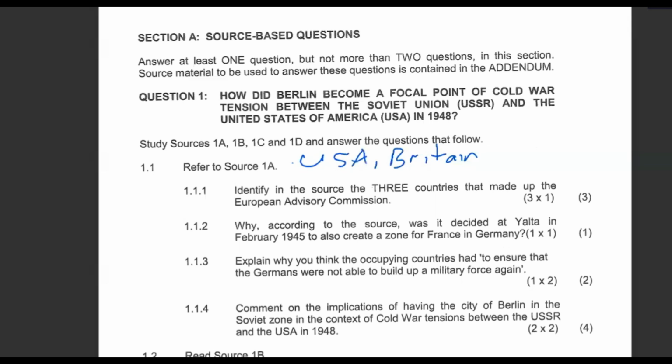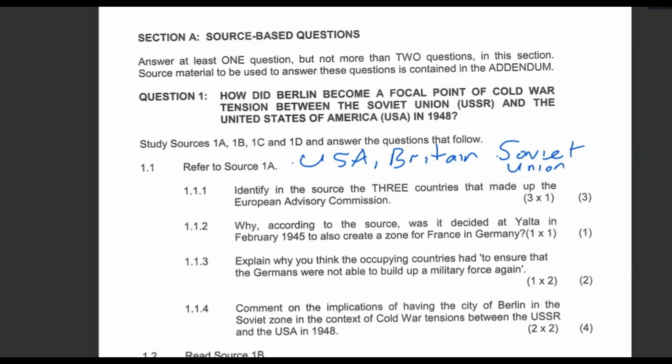Then lastly, we have the Soviet Union. So these are the 3 answers. So our question actually requires 3 responses. So we have the United States of America, we also have Britain, then we also have the Soviet Union. Those are the 3 countries which made up the European Advisory Commission.